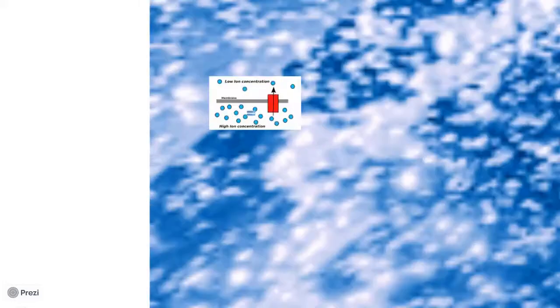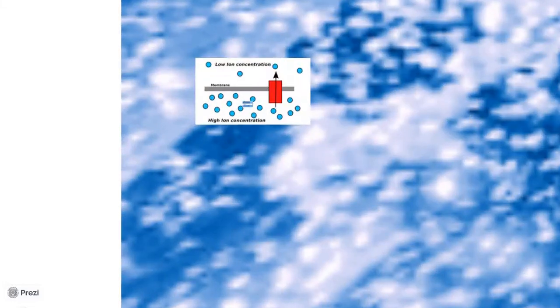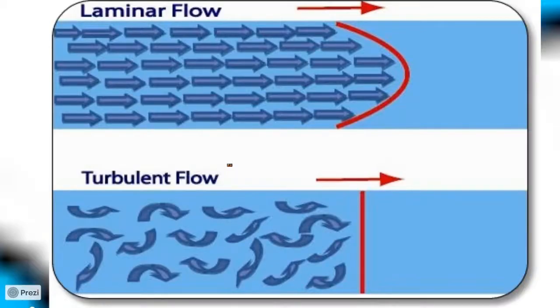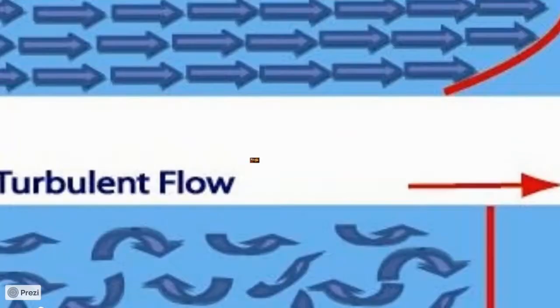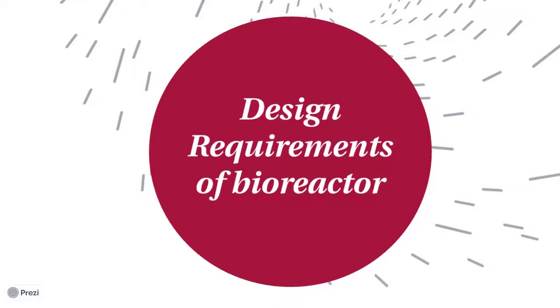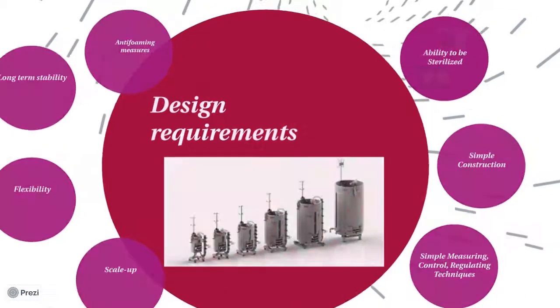Second, the optimal mixing conditions with low and uniform shear have to be maintained in the reactor with adequate mass transfer of oxygen so that the cells do not suffer from any inadequacy of oxygen supply. The flow conditions should be well defined inside the reactor, and the heat transfer should be gentle and controlled inside the reactor. The design requirements of the reactor will be studied under different heads.